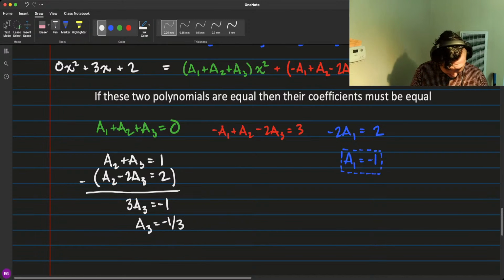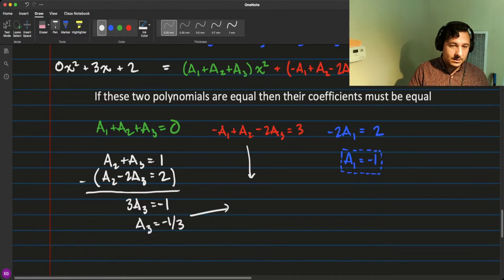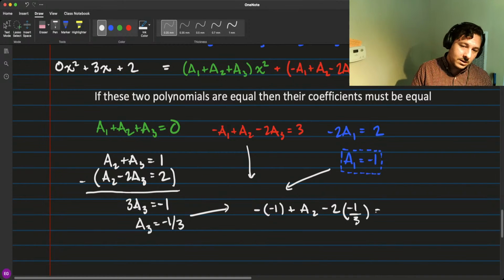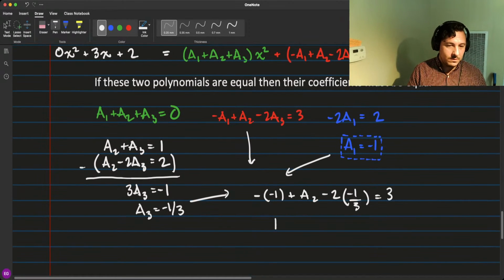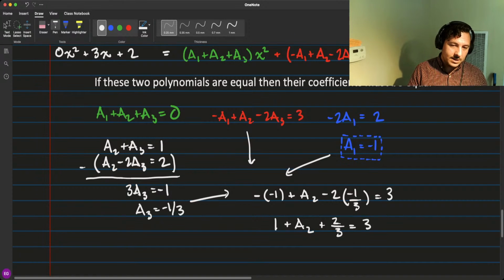Okay. And then now you can just plug in somewhere to solve the other one. If you take those three pieces of information, you get negative 1 plus a2 minus 2 times negative 1/3 equals 3, which will be 1 plus a2 plus 2/3 equals 3.